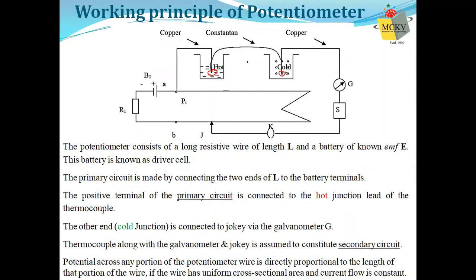This is the constantan wire, and again we have connected copper to it so that we can measure the voltage difference. I want the EMF developed across this end and this end, and I want to connect it to a voltmeter.